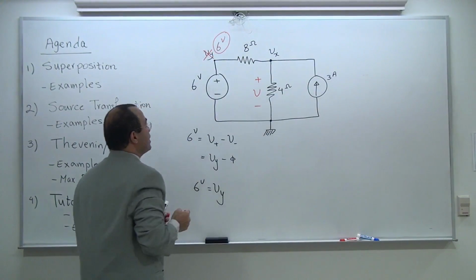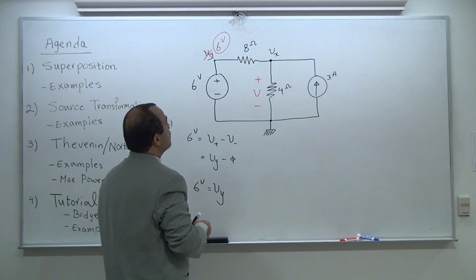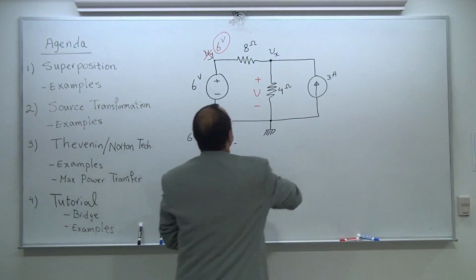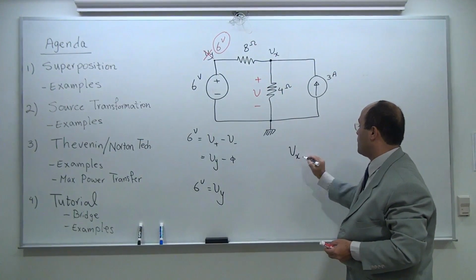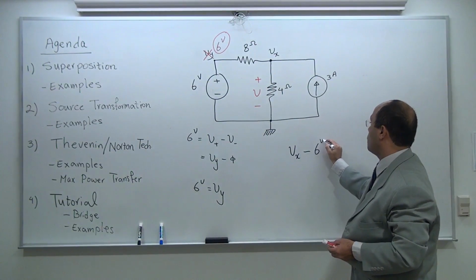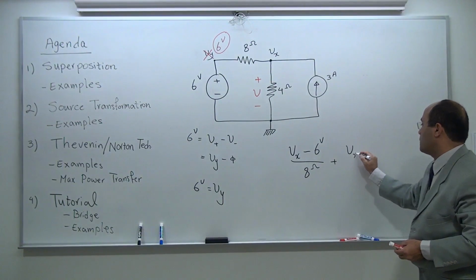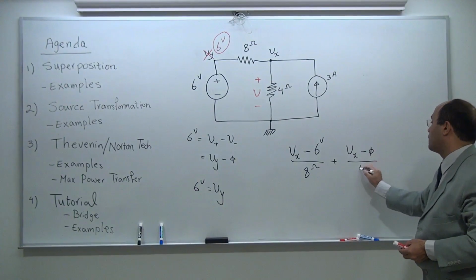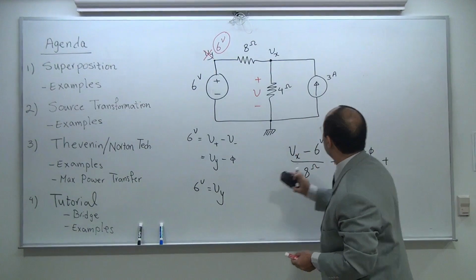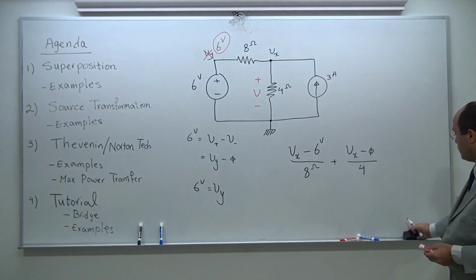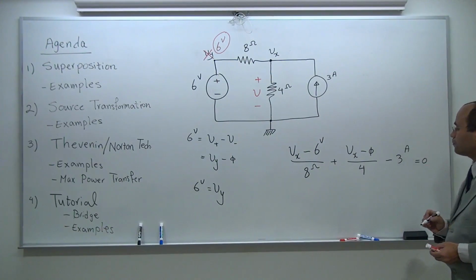typically, not all the time, typically I don't write a nodal equation for that. So let's go ahead and write the nodal equation for node X, this one. It's going to be Vx, the biggest one: Vx minus 6 volt divided by 8 ohm, plus Vx minus 0 divided by 4 ohm, plus basically the 3 amp is actually entering the node, so it's going to be minus 3 amp equal to 0.